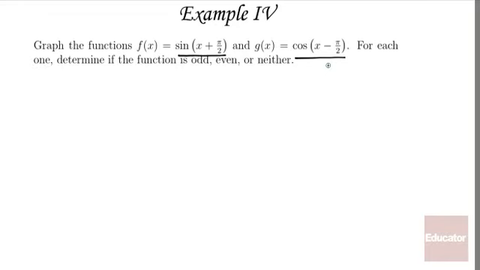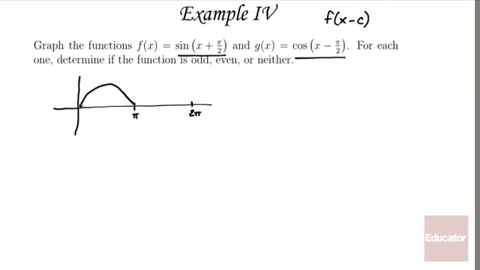Well, something that's really good to remember here from your algebra class or from the algebra lectures here on educator.com is that when you have a function and you try to graph f of x minus a constant, what that does is it moves the graph of the function over by the amount of the constant. So that's very useful in a trigonometric setting. Let me start out by graphing f of x equals sine x. And we did that in a previous example, and I remember what the sine graph looks like.